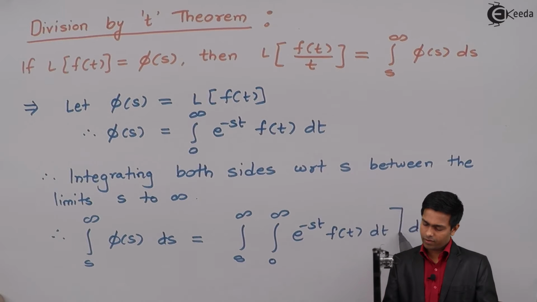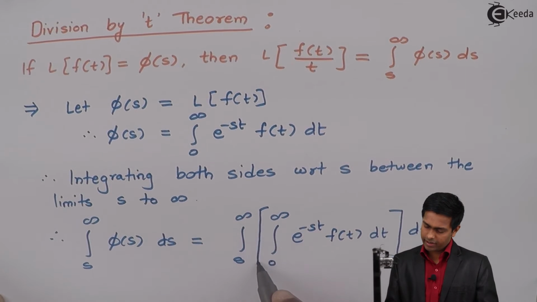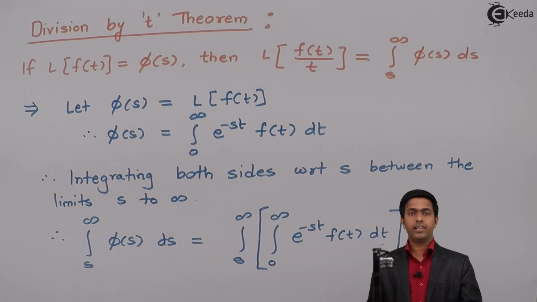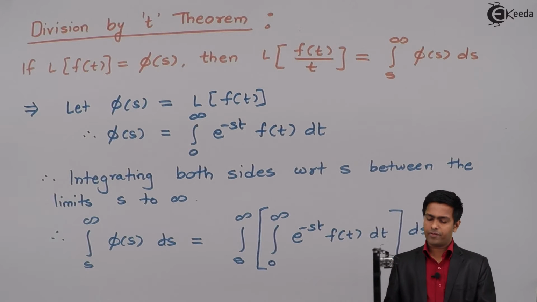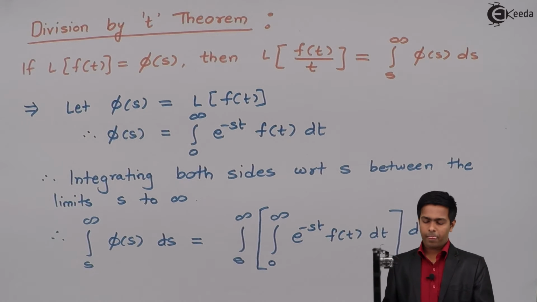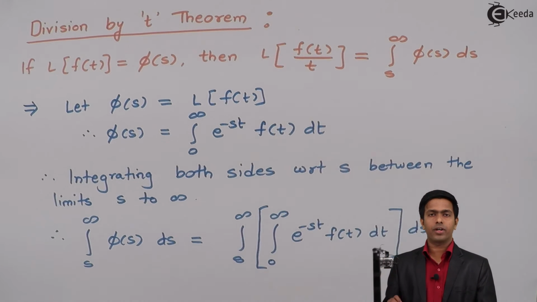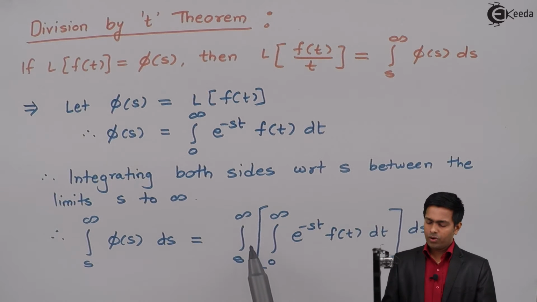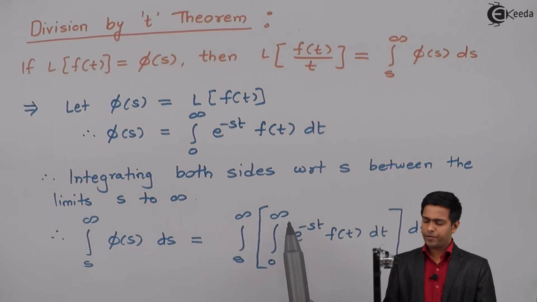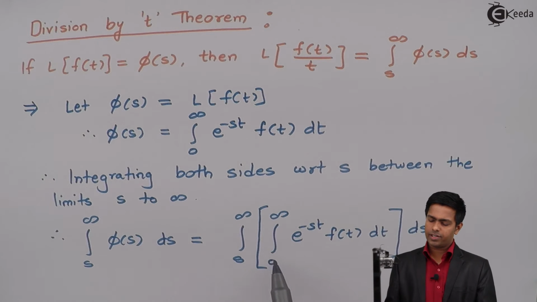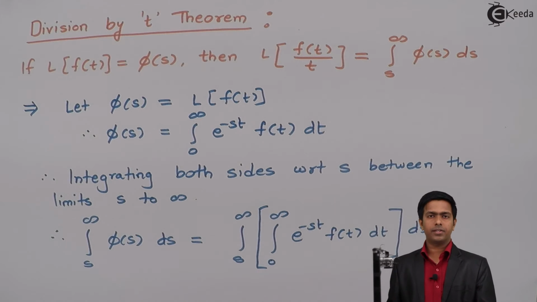So here we are integrating the right hand side with respect to s between the limits s to infinity. Now to solve this and to get the value as Laplace of f of t upon t, we'll interchange the limits. First we'll consider the limit from s to infinity for ds, and we'll shift the limit 0 to infinity of dt outside.